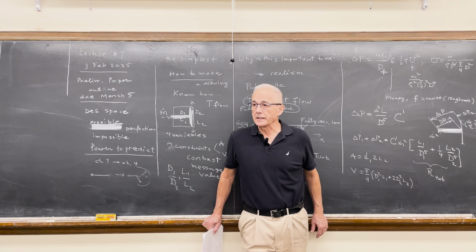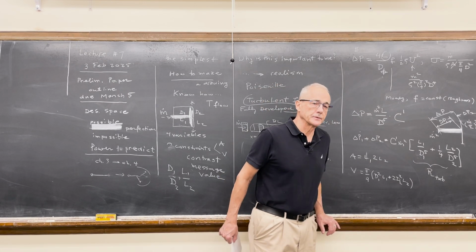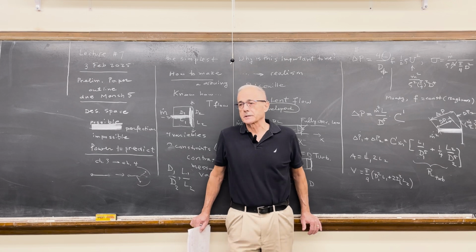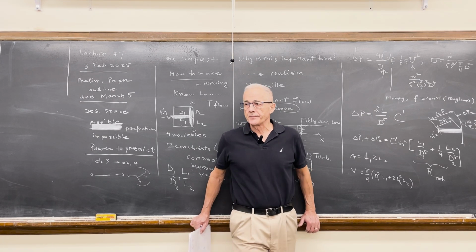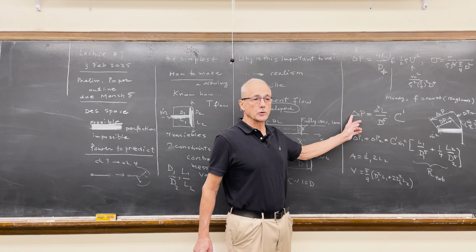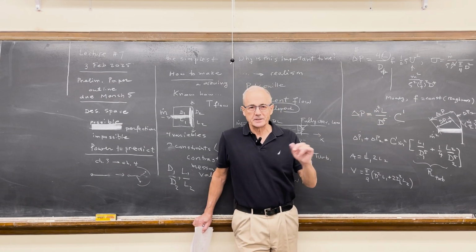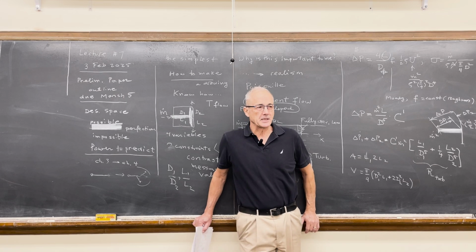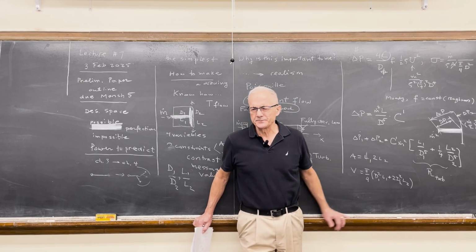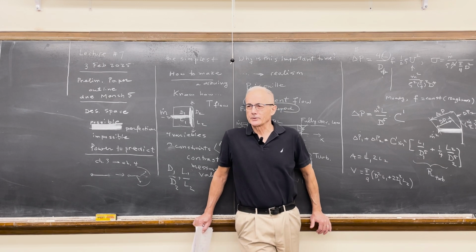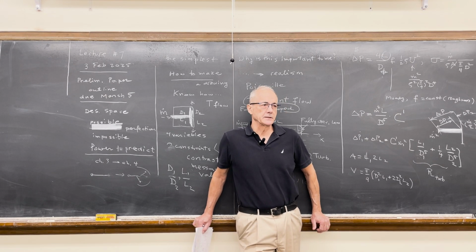Today, for turbulent flow, I made this point a few lectures ago, the so-called resistance, which is the across divided by the through, is not delta P divided by m dot. It is delta P divided by m dot squared. Don't ask me why, but that is another way to distinguish between laminar flow and turbulent flow.